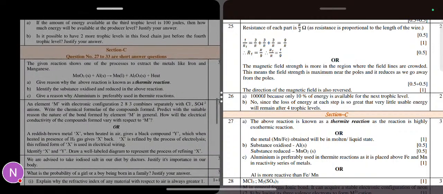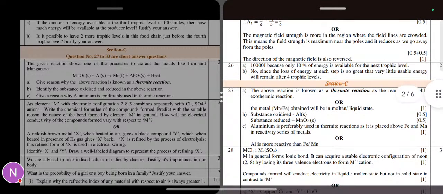Next, 28th question. An element M with electronic configuration 2, 8, 3 combines separately with Cl minus and SO4 minus 2 anions. Write the chemical formula of the compounds formed and predict with suitable reasons the nature of the bond formed by element M in general, and how will the electrical conductivity of the compound formed vary with respect to M. So MCl3.